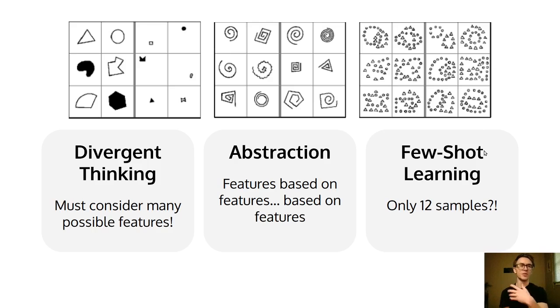Third, solving BPs requires few-shot learning. We only have 12 tiles to learn a rule. This is in stark contrast to the thousands or millions of examples which is common in image classification.